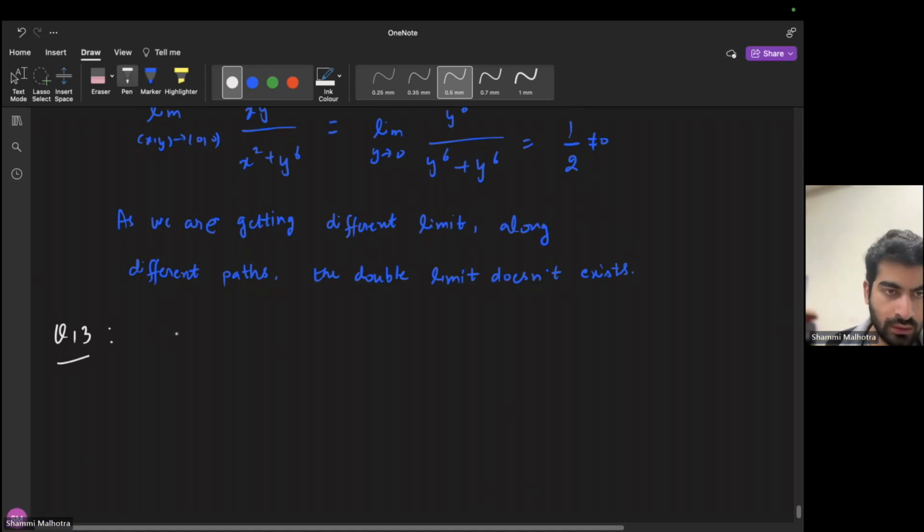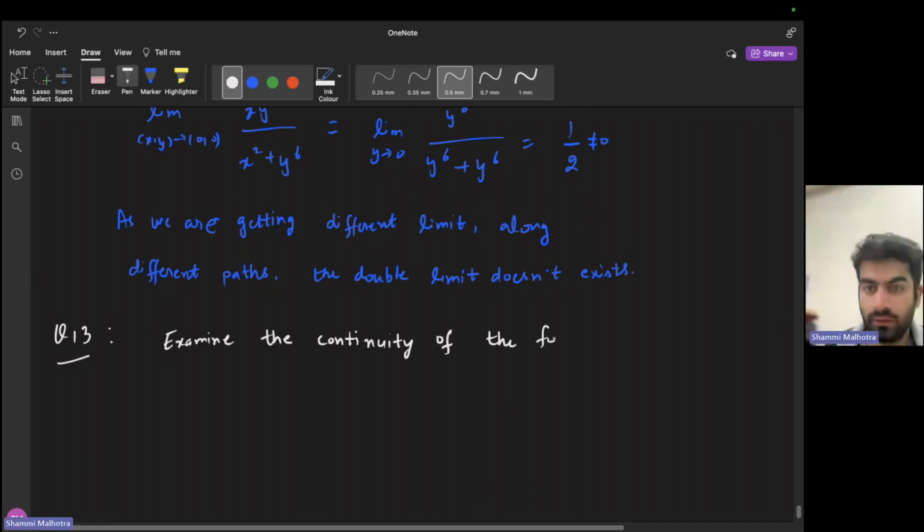Examine the continuity of the following function.